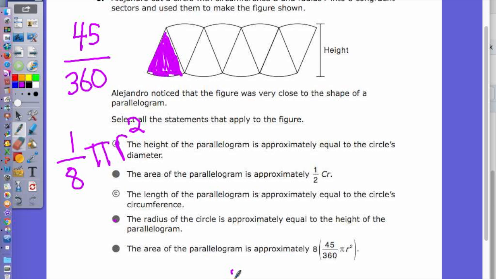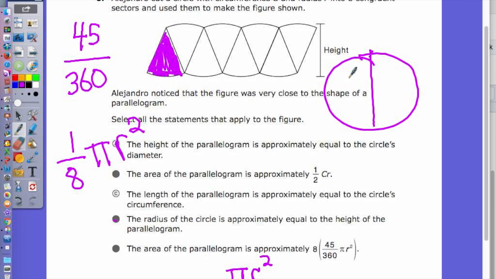If you were to find the area of the parallelogram, it's approximately pi r squared, right? How do you know that the height of it is the radius instead of the diameter? Okay, think about this. I took a circle that's now divided into 8 pieces, right?